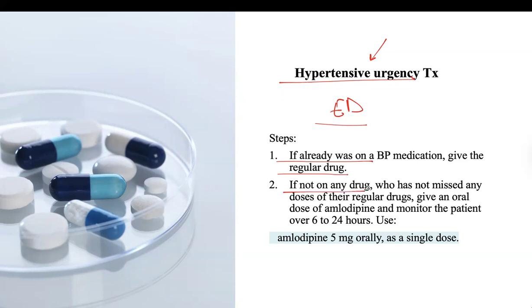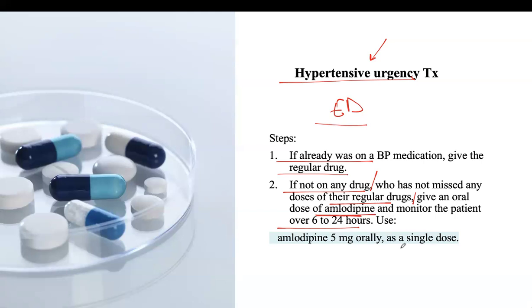If not on any drug, or who has not missed any dose of their regular drugs, so either the patient was not on any medication or the patient was on medication and did not miss any dose, for them, give oral amlodipine 5 milligram and monitor the patient over the next 6 to 24 hours and see how the patient is doing. Because amlodipine can lower the blood pressure steadily, and that is the treatment of choice.